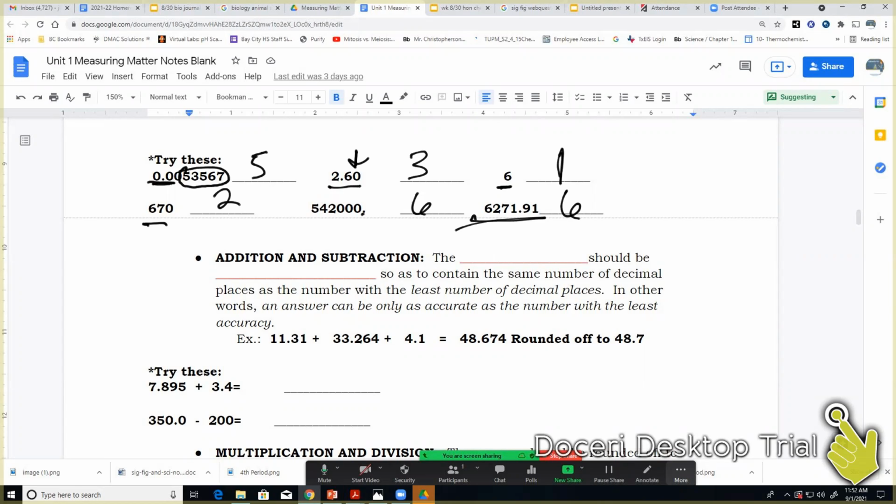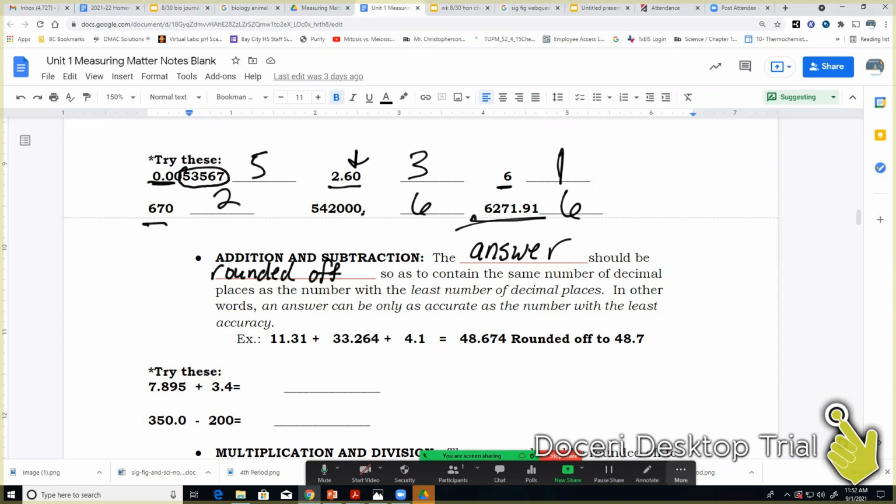So for addition and subtraction, the answer should be rounded off so as to contain the same number of decimal places as the number with the least number of decimal places.